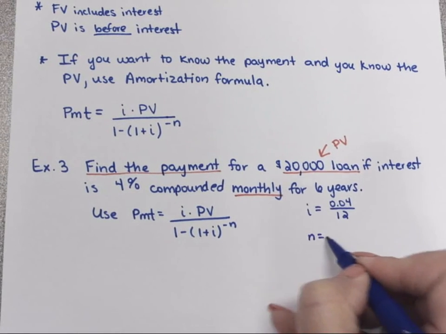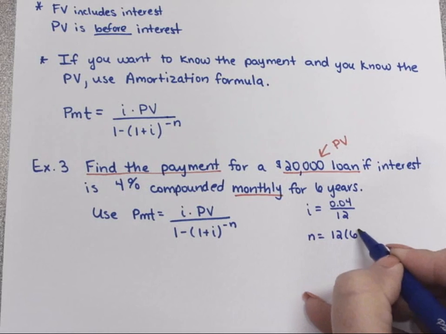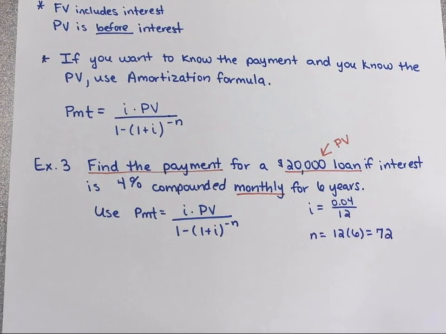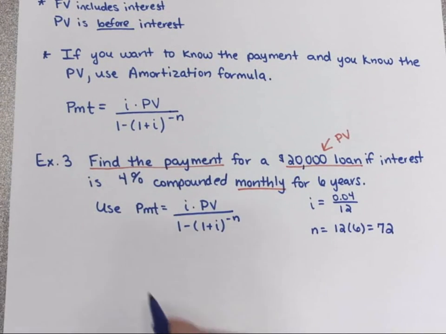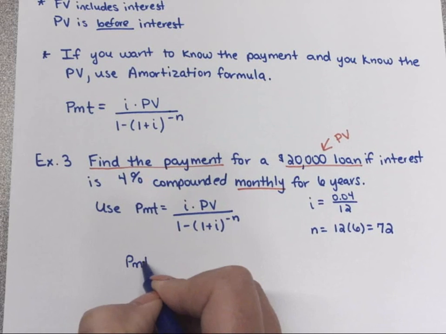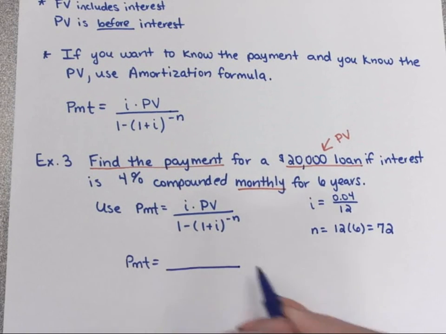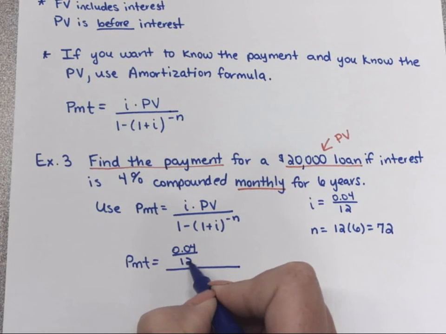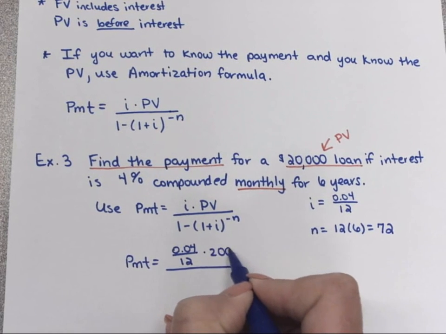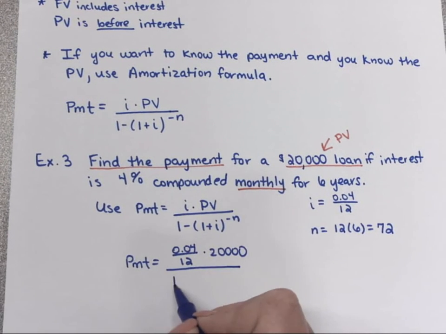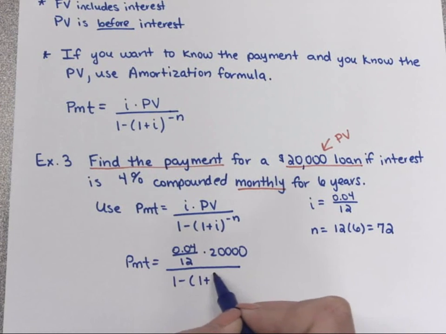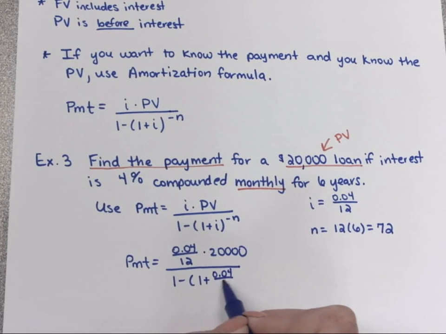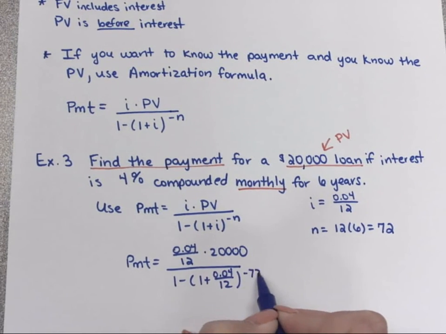And then N is going to be 12 times a year for 6 years for a total of 72 payments, right? So it's going to be payment equals, and then you're going to have your interest fraction times 20,000. On the bottom, you're going to have 1 minus parentheses 1 plus that same fraction raised to the negative 72 power.